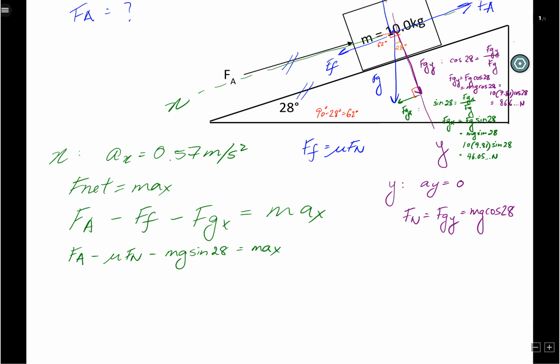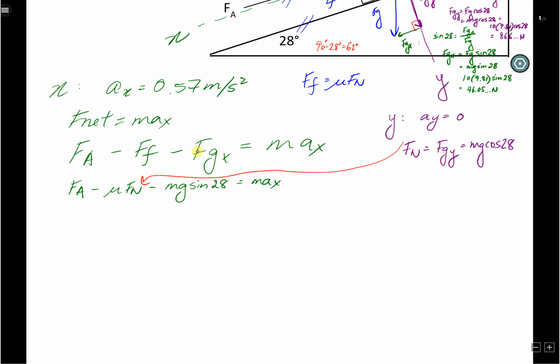We know Fgy from before is mg cos 28. Why don't we substitute this over here? Substituting that, we have FA minus mu, and Fn we have as Fgy, which is mg cos 28, minus mg sine 28 equals MAX.